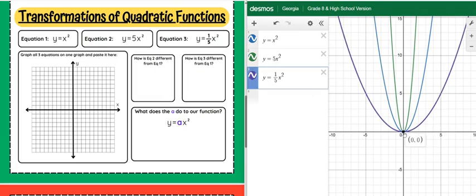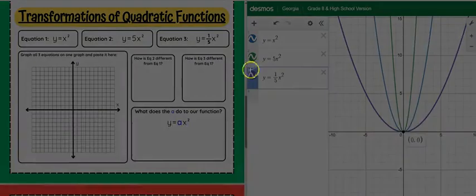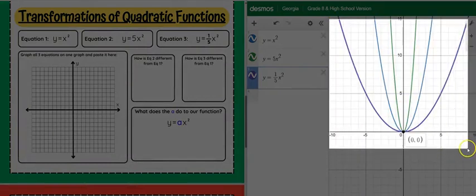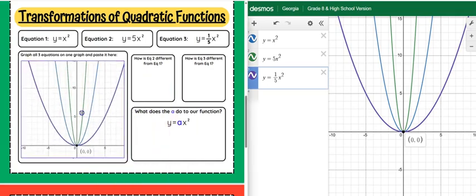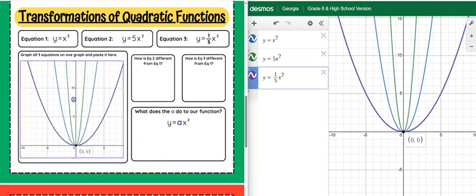They all stay right here at 0, 0. But the graphs get wider or they get skinnier, depending on which one it is. So let's take a little screen clipping of that. That graph was just right.